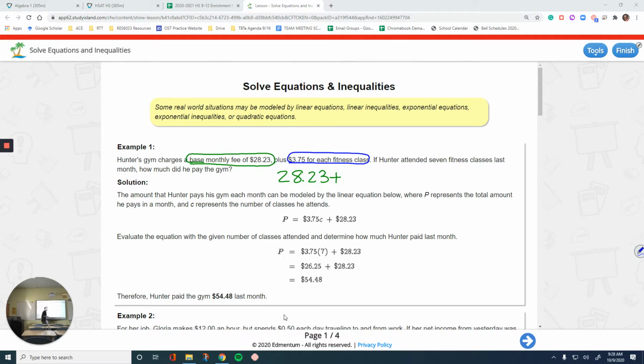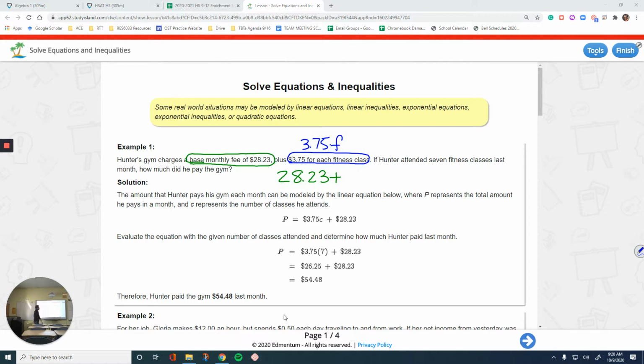Do we know how many fitness classes she's taking right now? No, we don't know that. So $3.75 times, let's say, a fitness class. If it's just one class, she's gonna pay plus that much. If it's two, she's gonna pay that times 2.